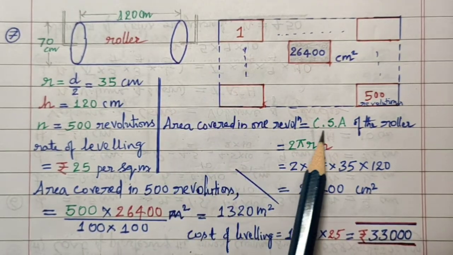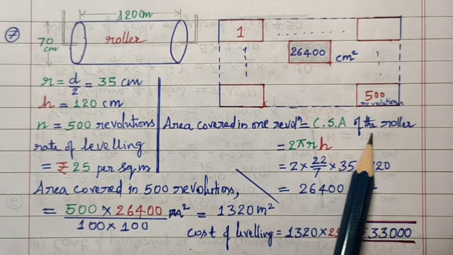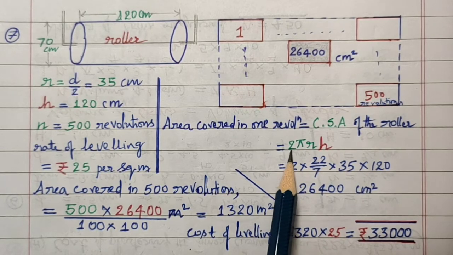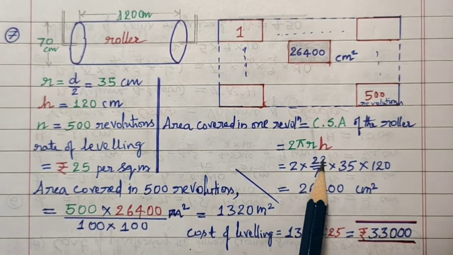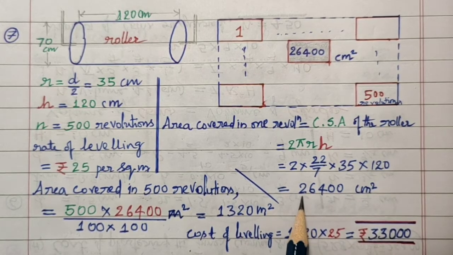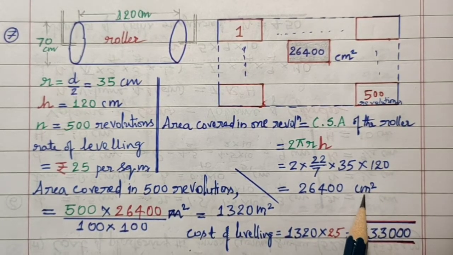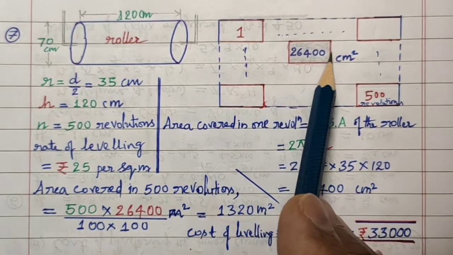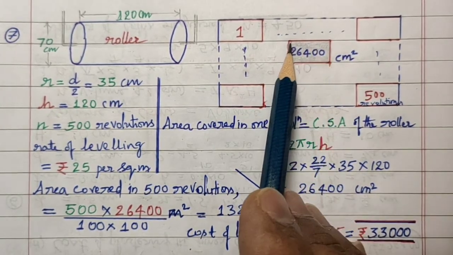The curved surface area of the roller is 2 pi r h, that is equal to 2 into 22 by 7 into 35 into 120, that is 26,400 centimeter square. This is the area covered in one revolution.